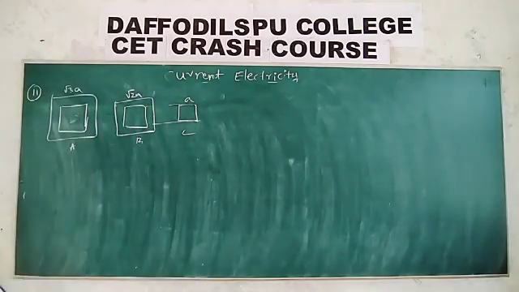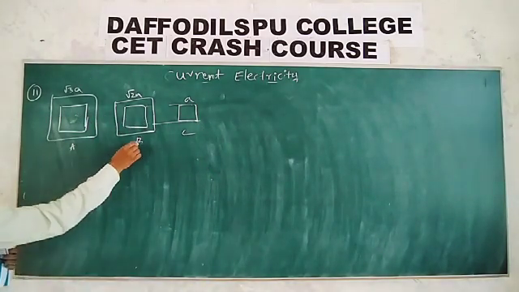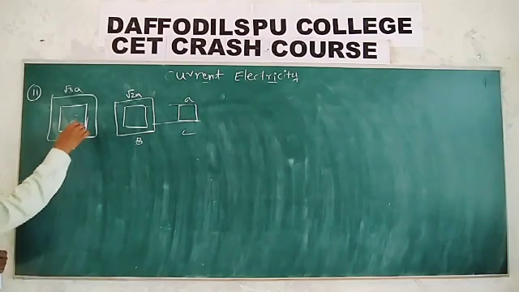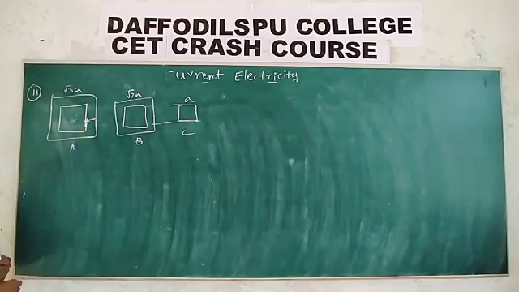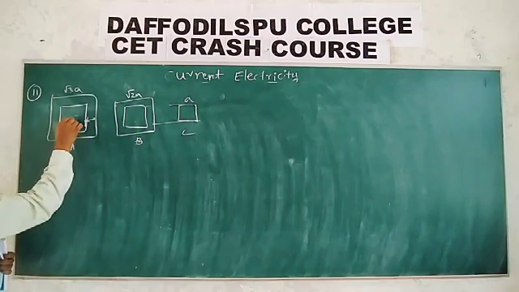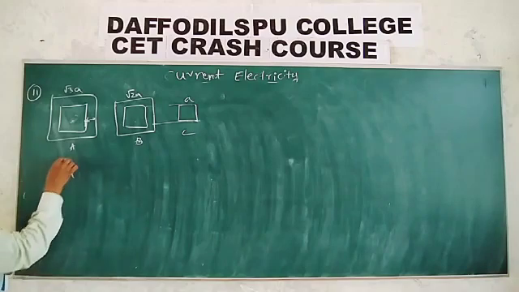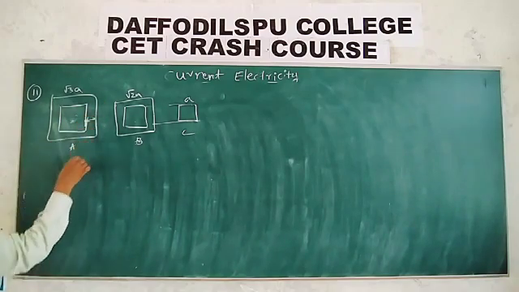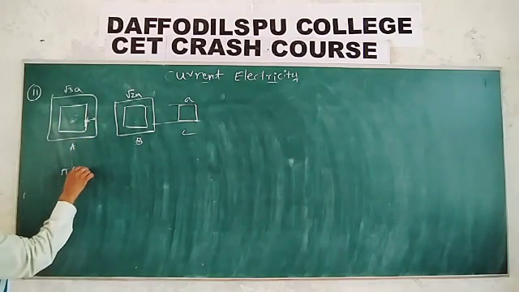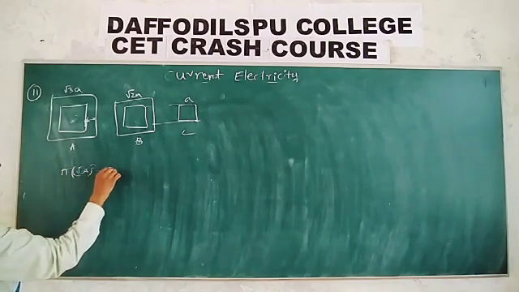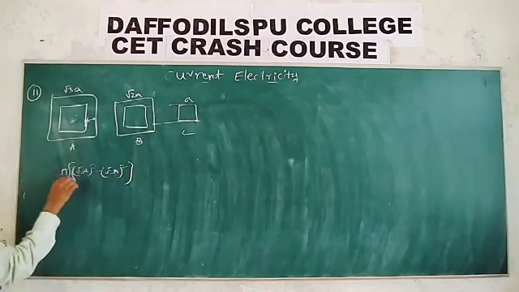Length is the same, what will happen? Let us find the resultant resistance through the area of cross section. Whenever it is fitted into this one, what is the equivalent area? Pi into outer radius squared minus inner radius squared. Then we have root 3a whole square minus root 2a whole square.